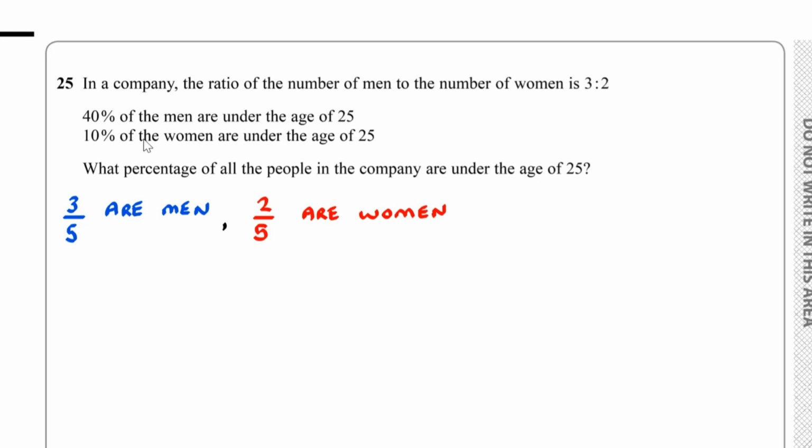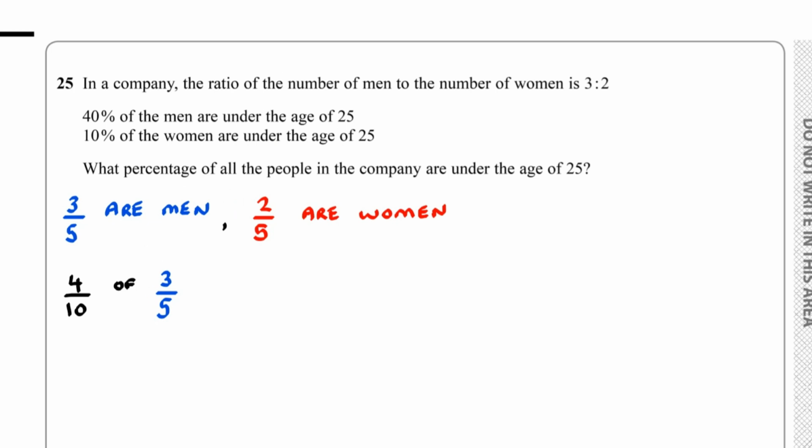Now, we know that 40% of the men are under the age of 25, so that means that we have 40%, so that's going to be 4/10. So we've got 4/10 of the 3/5 who will be men under the age of 25.